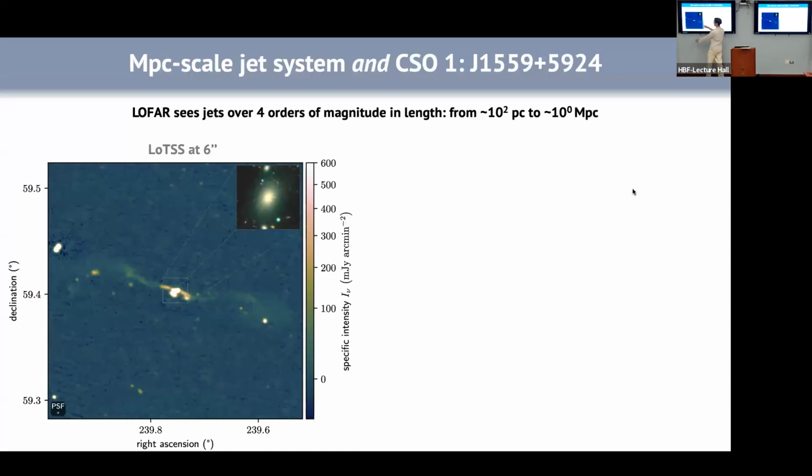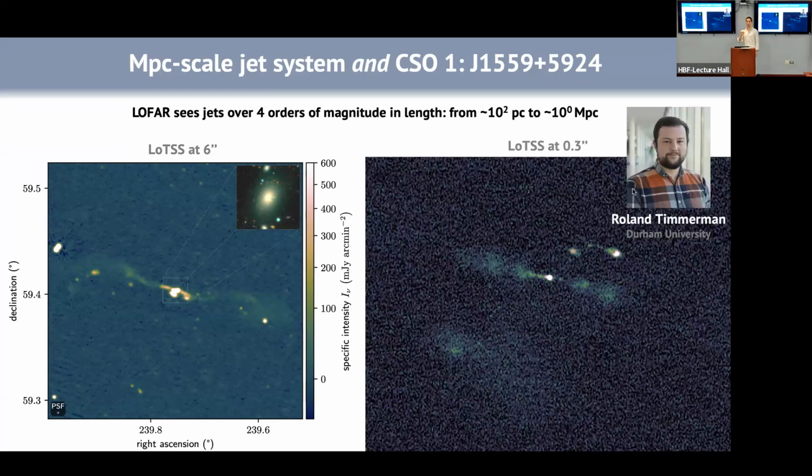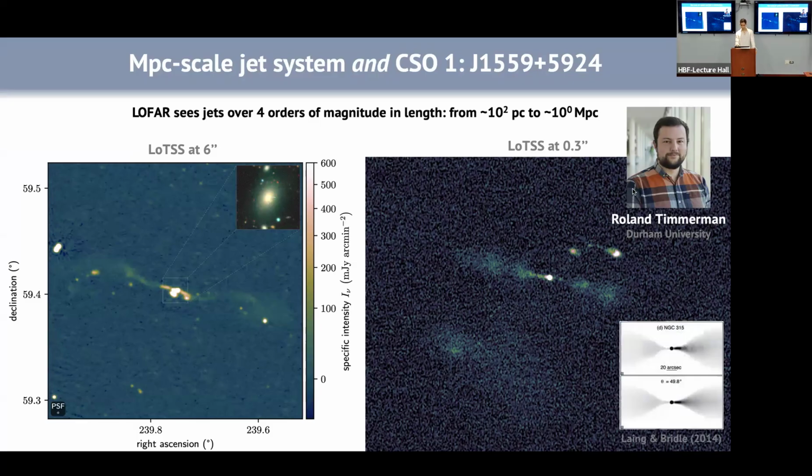It's a little bit hard to see in this image, but this is more than a megaparsec long. But then we're also able to zoom in with these international baselines and really see what's happening for this jet, both on a kiloparsec scale as well as on this megaparsec scale. So that's quite exciting.